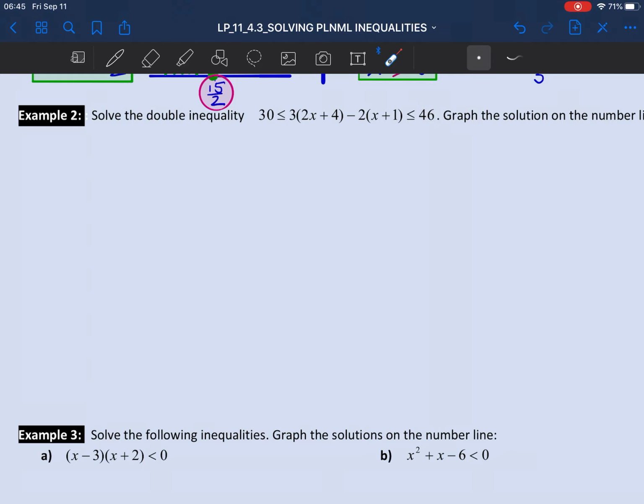In our case, we don't have to do much on the sides, so the left and the right part. We only have to work with the middle. But it can happen that we have to simplify more, right? So in this case, what we're going to do is bring 3 in, 6x plus 12. Bring negative 2 in, negative 2x minus 2, less than or equal to 46.